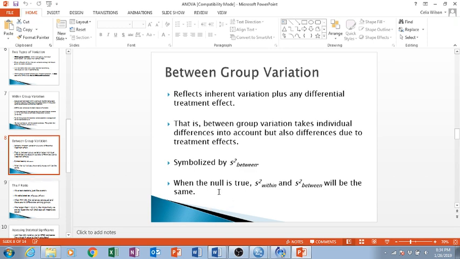And remember, variability is how people are scoring on that characteristic of interest. Okay, so if the variability between the groups is different, then that means they're scoring differently on whatever that characteristic is.